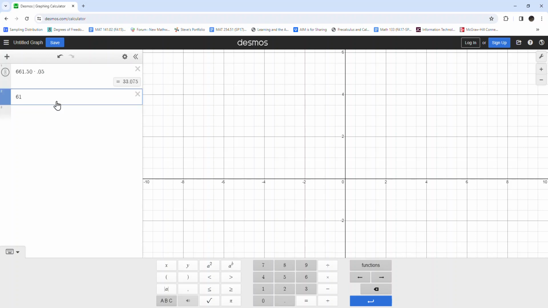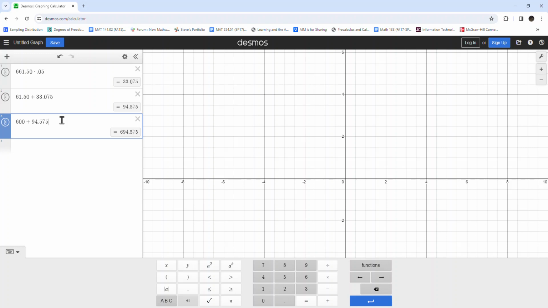We're going to add that to the $61.50 we'd already earned. So after 3 years, we will have earned $94.57 and 5/10 cents in interest. That makes our account balance after 3 years this amount: $694.57 and 5/10 cents.